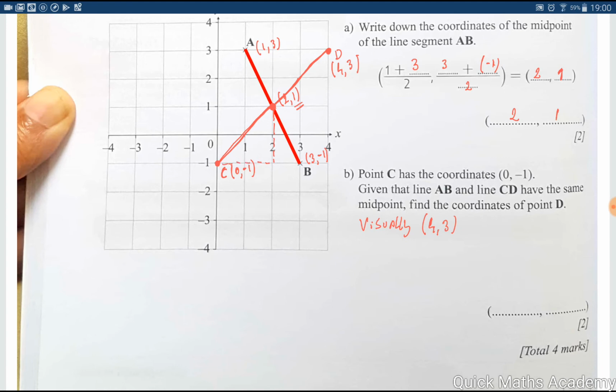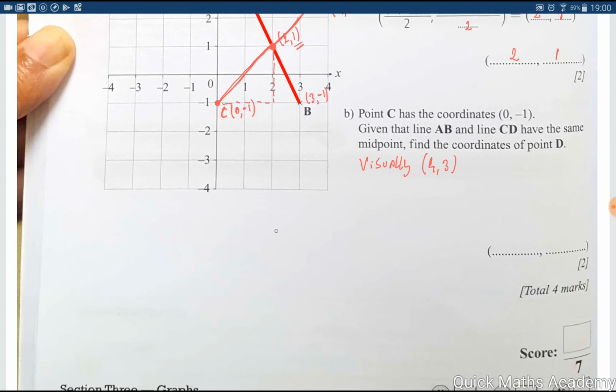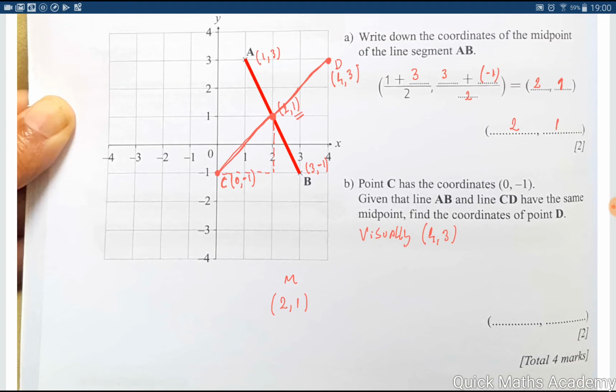Is that correct? So my midpoint is 2, 1, and to go to my point C, I have to go 2 down and 2 to the left.